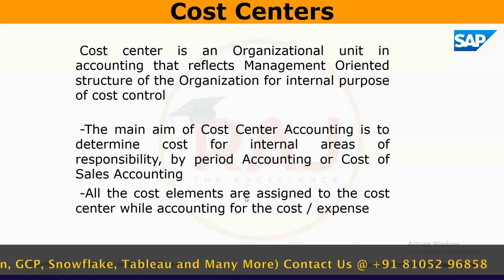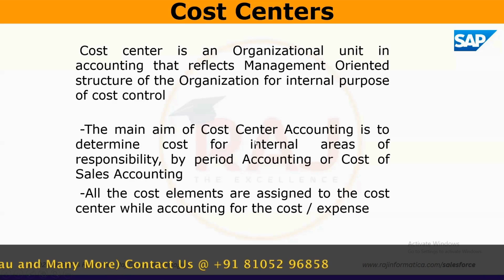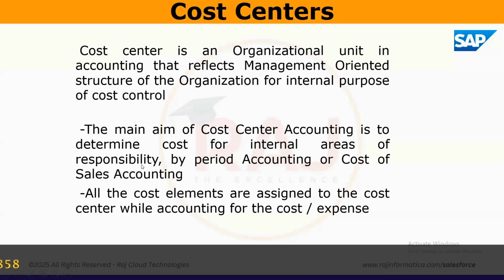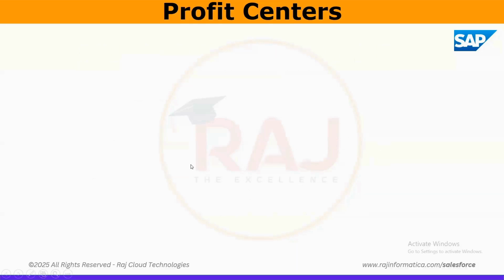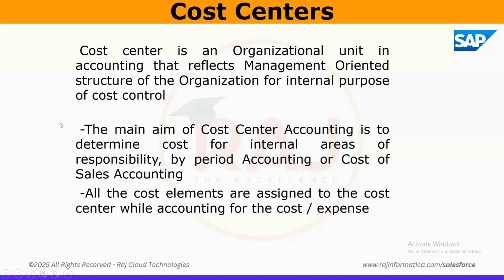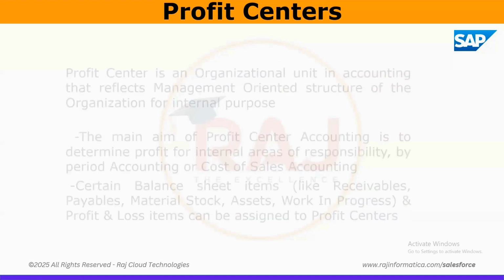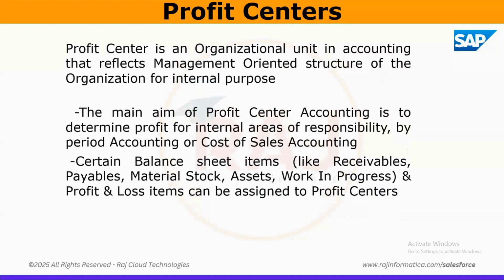The main aim of cost center is to determine cost for internal areas of the responsible setup, and by period of accounting and cost sales accounting. So it allows you to actually work for controlling the overheads of a company, which is called cost centers. Profit center, as the name itself suggests, profit.